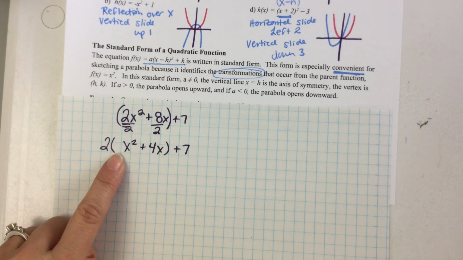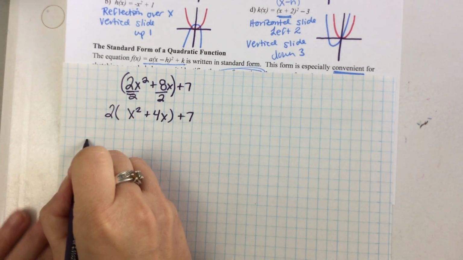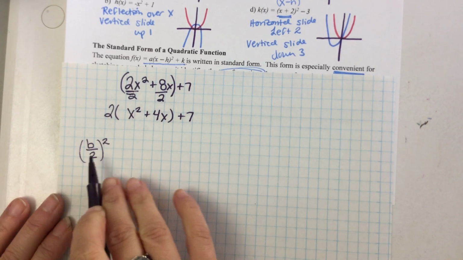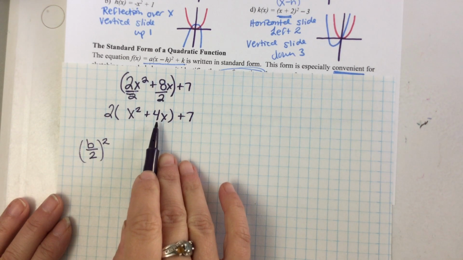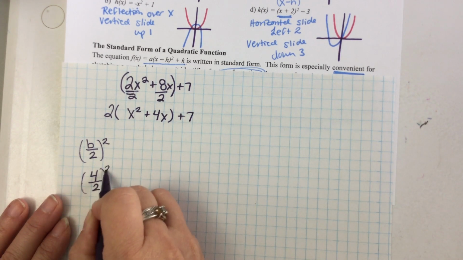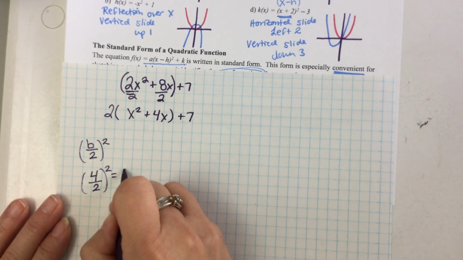Now that I do not have a number other than 1 in front of x squared, it's time to complete the square. Back in Algebra 2, I said that at this point you need to find the magic number. The formula for that is to take b divided by 2 and you square it. Remember, b is the value that's in front of your single variable. So in this case, it's 4. If I take 4 divided by 2 and I square it, 4 divided by 2 is 2. 2 squared is 4.